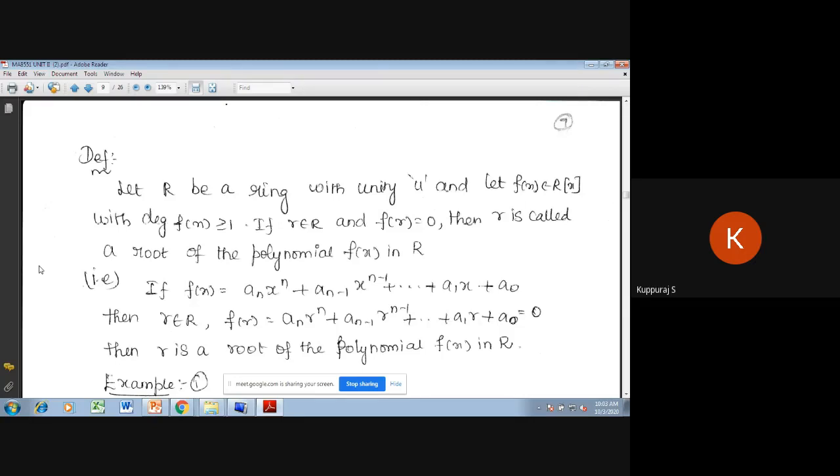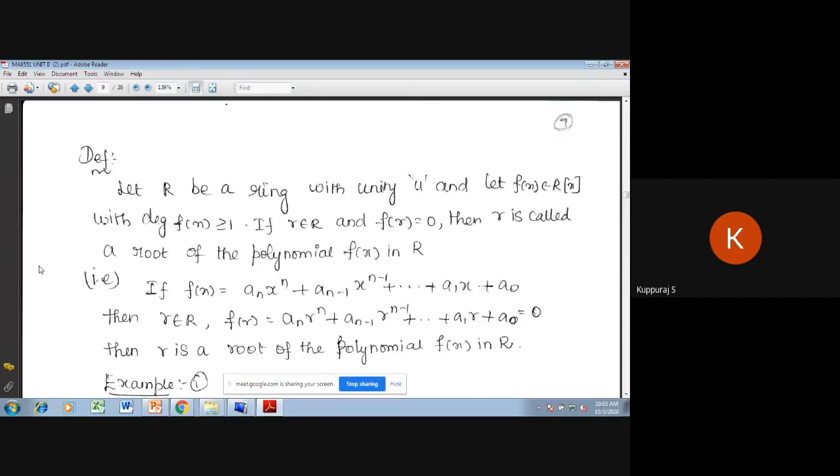If lowercase r belongs to the set of all real and f of r becomes 0, f of r is equal to 0, then lowercase r is called a root of the polynomial f of x in capital R.